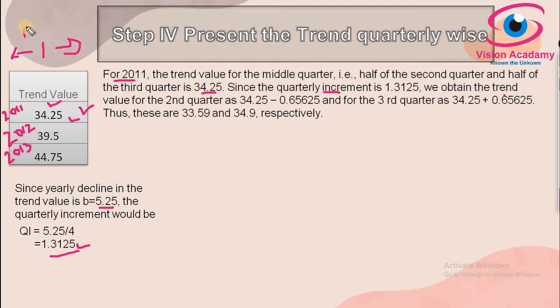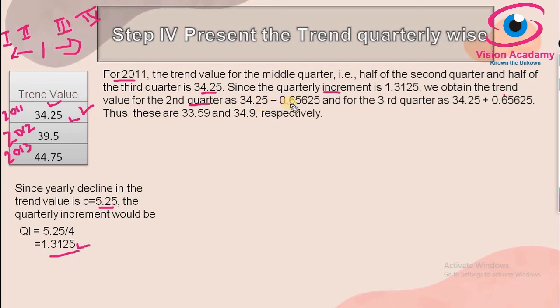Here we have the second quarter and the first quarter to the backward, and to the forward we have the third quarter and quarter 4. So this is the mid value, with 2 quarters to the left and 2 quarters to the right.